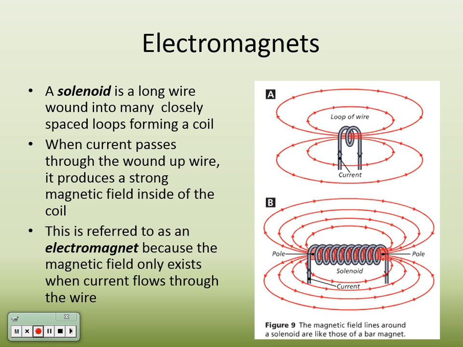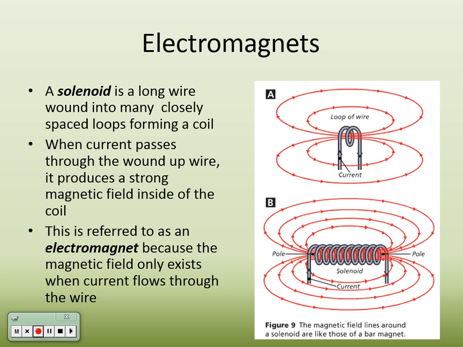So, another example. Here, this is just a metal rod. This is a paper clip. This is not a magnet. We said that some materials, when we put them in a magnetic field, become magnetic within that field.